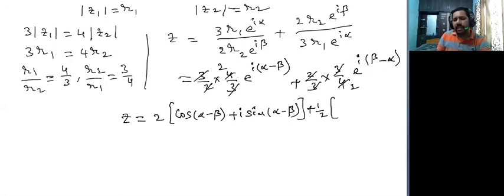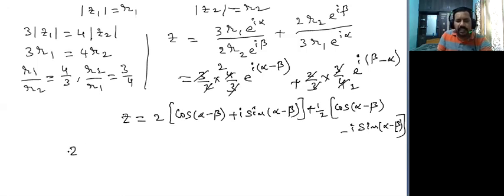Take minus common, you will get alpha minus beta. At that time, e power minus i alpha minus beta will come. That is cos alpha minus beta minus i into sine of alpha minus beta. After taking the minus common, we get like this.